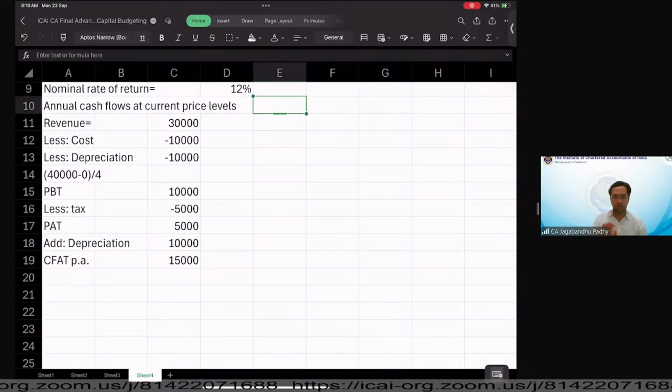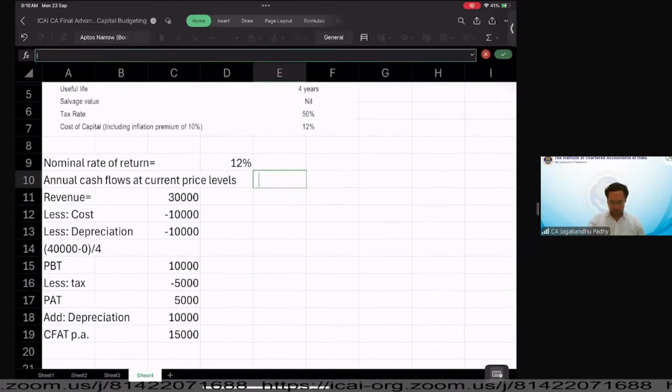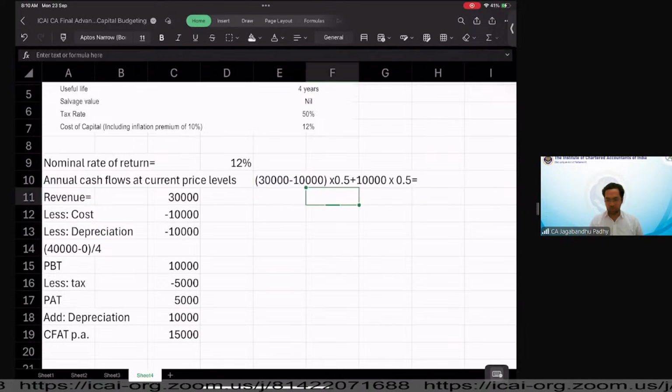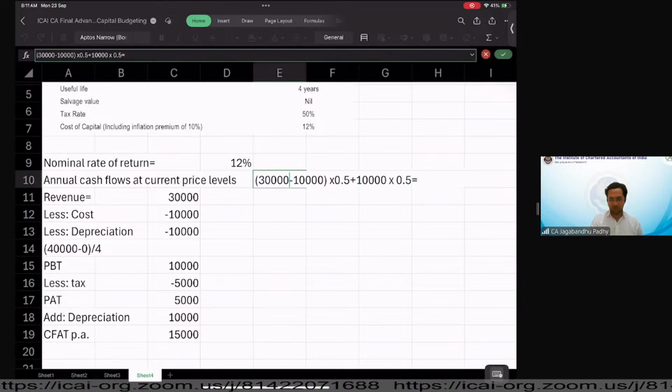You can actually calculate it another way also by simply taking 30,000 minus 10,000. On that you multiply with the tax rate of 50%, and you add the tax savings on the depreciation. That would also give you the same number of 15,000.